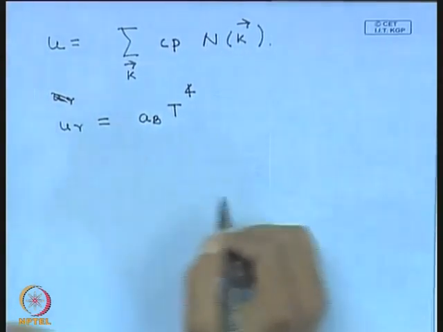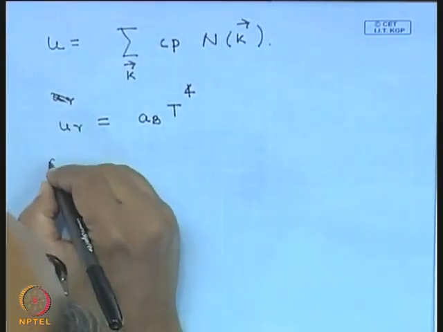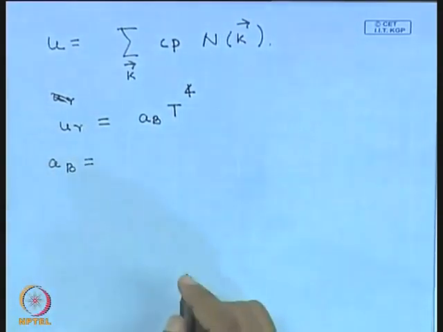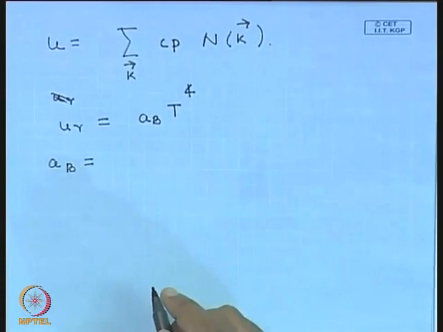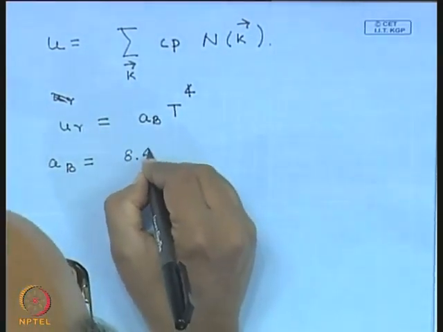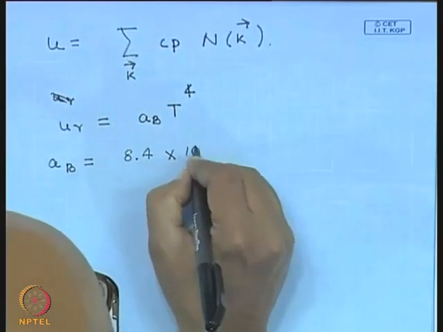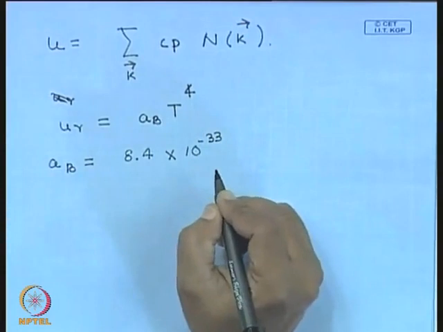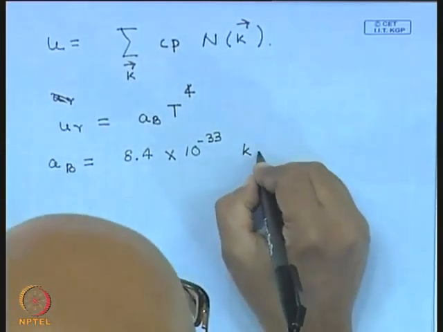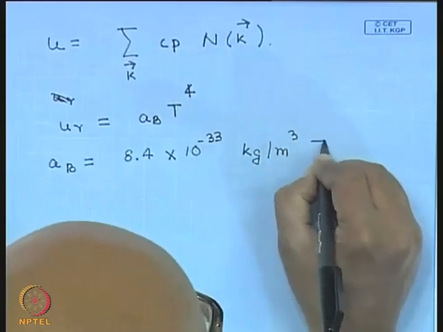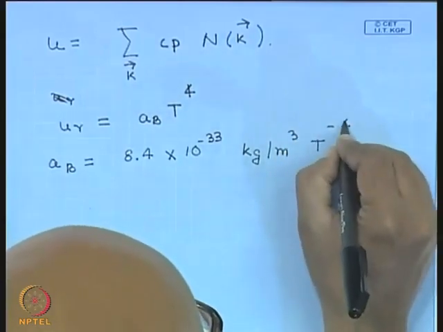Let me now write down the value in a slightly different unit, which is useful over here. So the Stefan-Boltzmann constant can also be expressed as 8.4 into 10 to the power minus 33 kg per meter cube, T to the power minus 4.